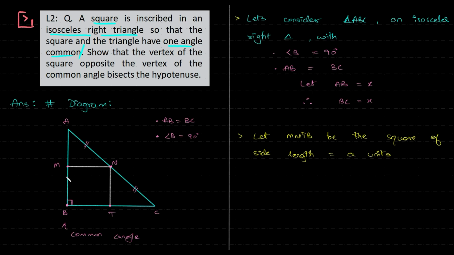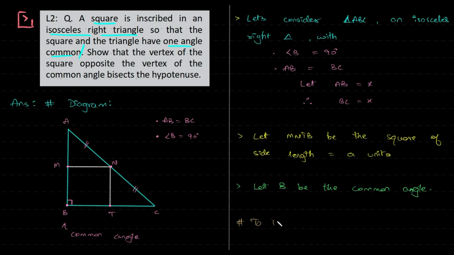So these lengths are a. Right, then we have, let B be the common angle. Okay, so I think all the initial things are given.